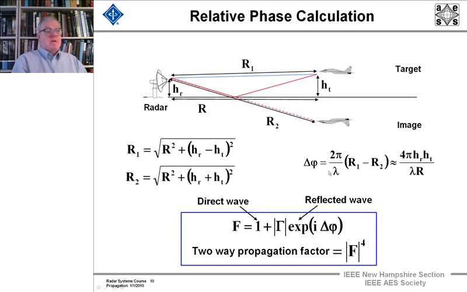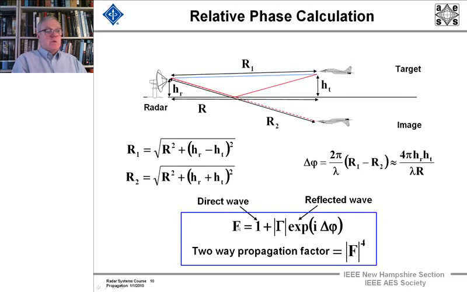Okay? Now the phase difference between the direct ray and the multipath ray is just 2 pi over lambda times the difference in the two paths, the direct path and the multipath. And that's approximately 4 pi times the height of the radar times the height of the target divided by lambda over R. We'll show you in a minute the details of that.